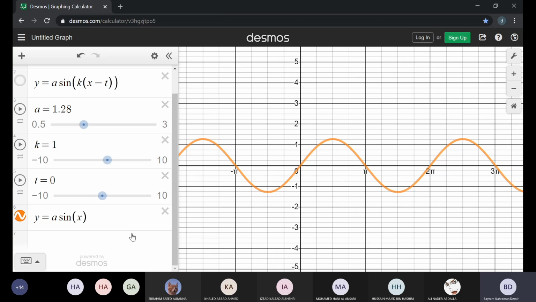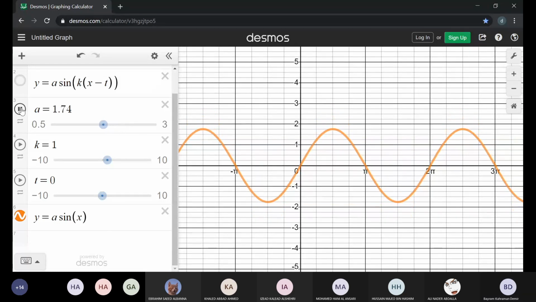Now you will see, as we change the a value, how the graph is changing, everybody. So now I'm going to let the a play in Desmos graphing. You can do these kinds of things to see exactly what's happening, Shabab. So let's let a play now and see what's happening to the graph.